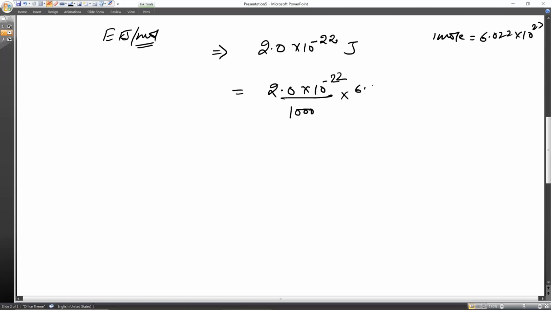So you have to multiply by 6.022 into 10 power 23. So you cut the zeros, and multiply, you will get 12 into 10 to the power minus 2. This will be kilojoule per mole. Now you understood this one.